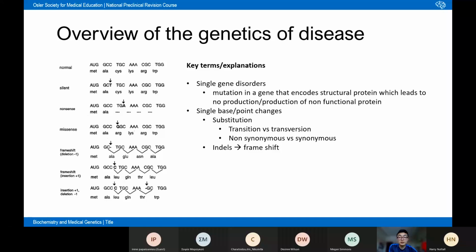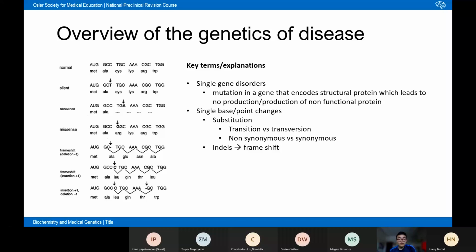So that's a nonsense mutation. A missense mutation is when we replace one amino acid with another, and this is what we can see here. It's just one codon that's been changed and just one amino acid. It's quite interesting: sometimes this can have a very minimal effect, but if the residue change occurs in perhaps the active site region of an enzyme, it can have quite catastrophic effects.